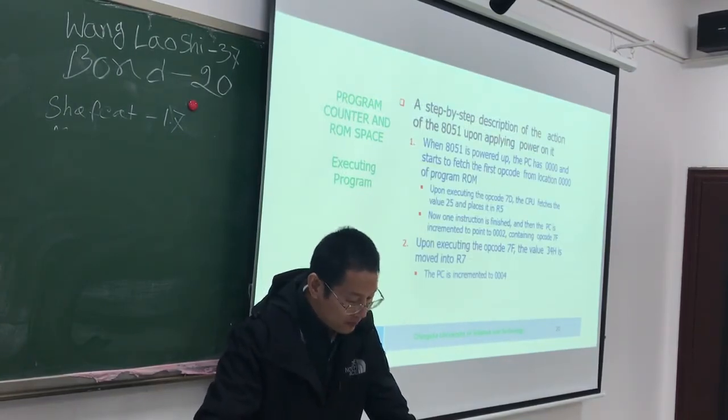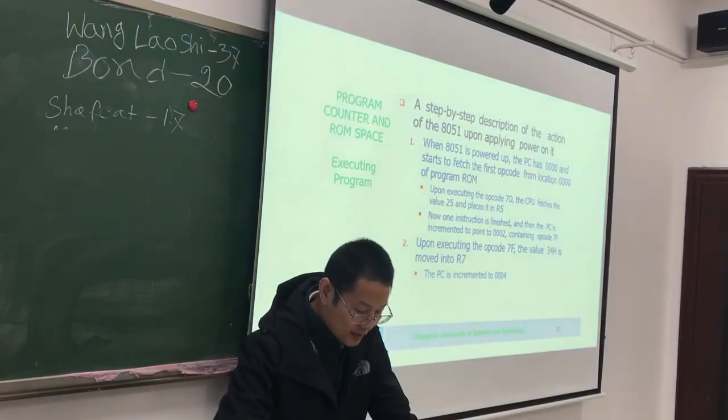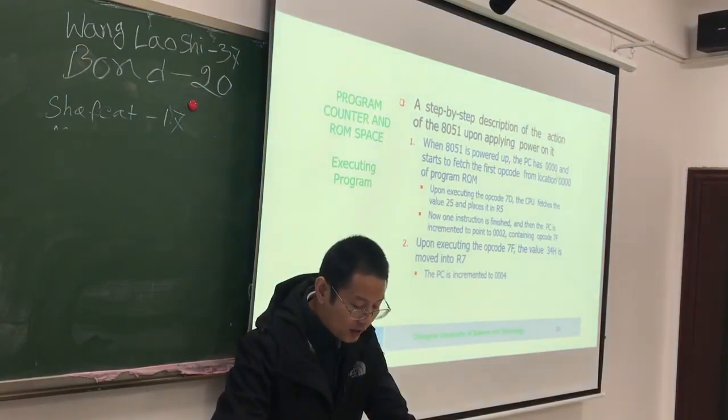Executing a program: a step-by-step description of the action of the 8051 upon applying power to it. After you power on your 8051, the PC has 0 and starts to fetch the first opcode from location 0.